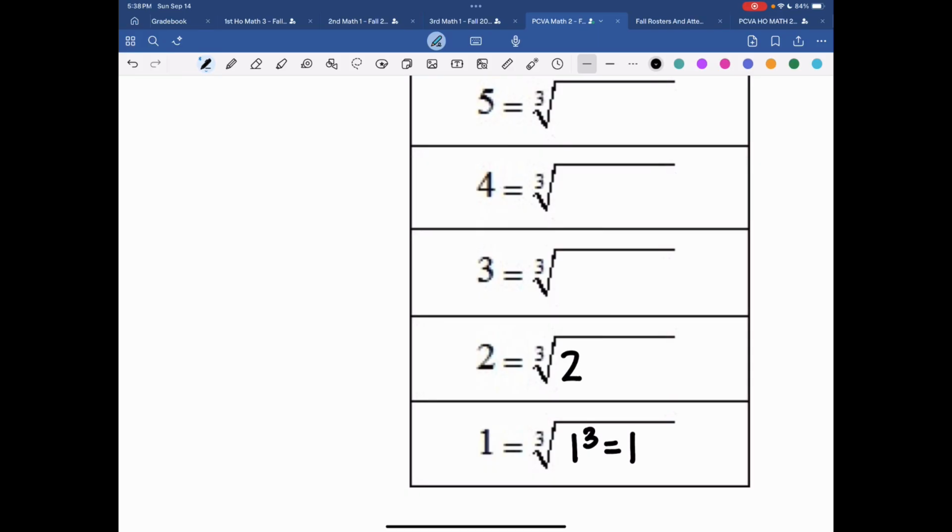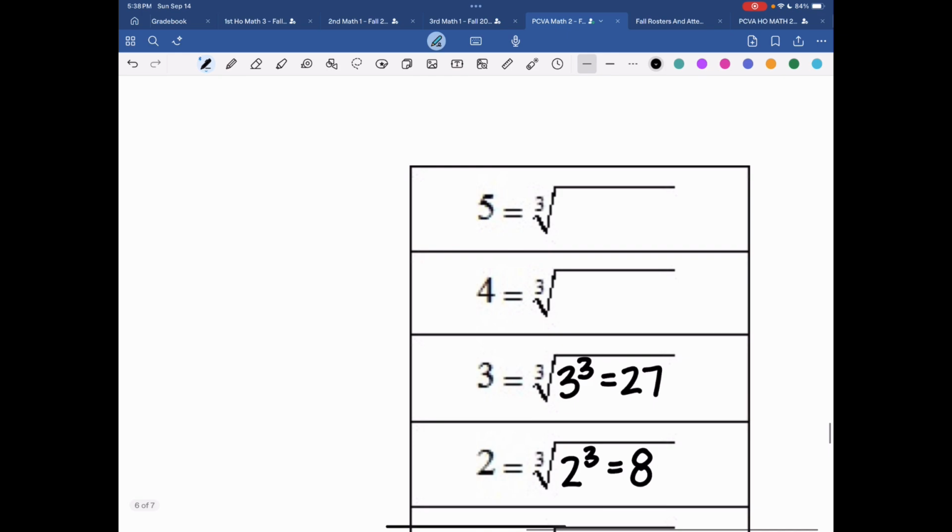Then 2 to the third power means 2 times 2 times 2, which is 8. So the cube root of 8 equals 2. Then we have 3 cubed, so 3 times 3 is 9, 9 times 3 is 27, so the cube root of 27 is 3. Then 4 cubed, so 4 times 4 is 16, and 16 times 4 is 64, so the cube root of 64 is equal to 4.